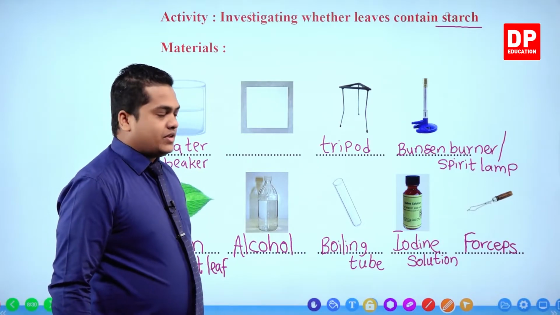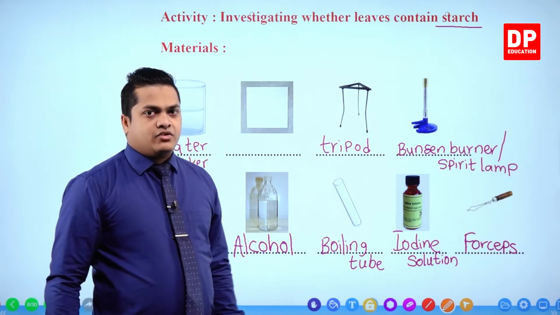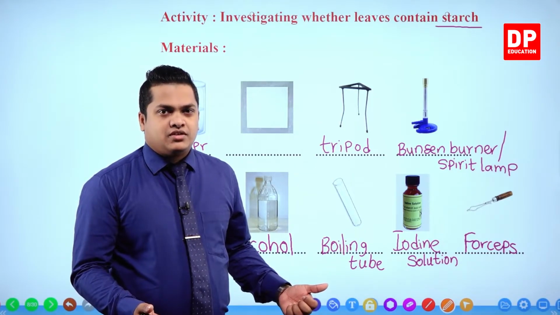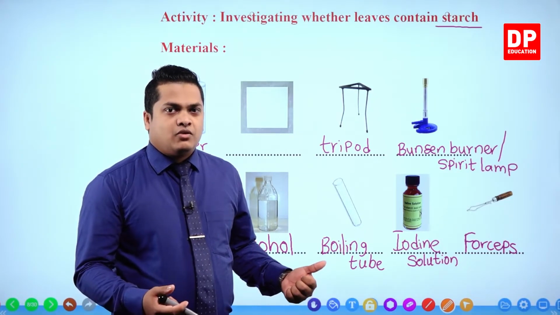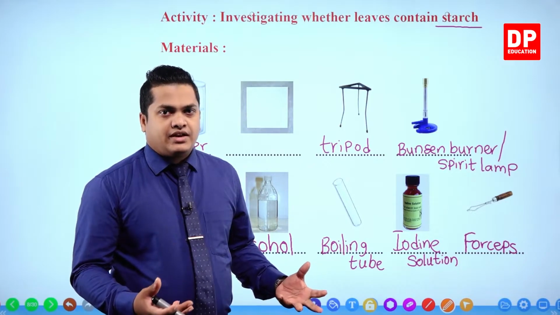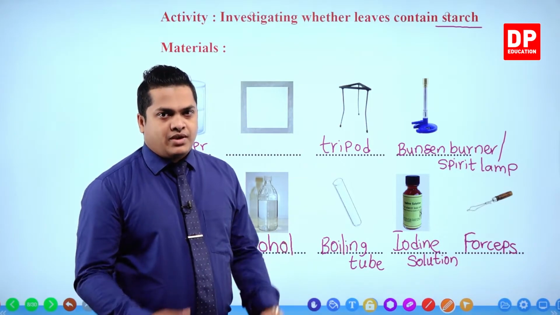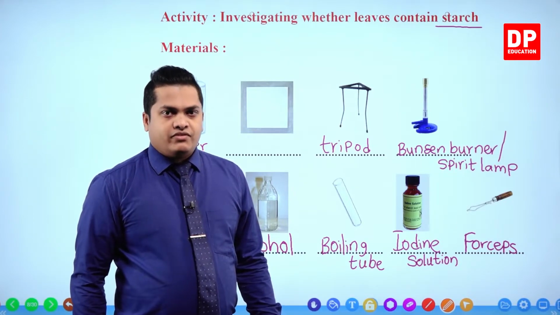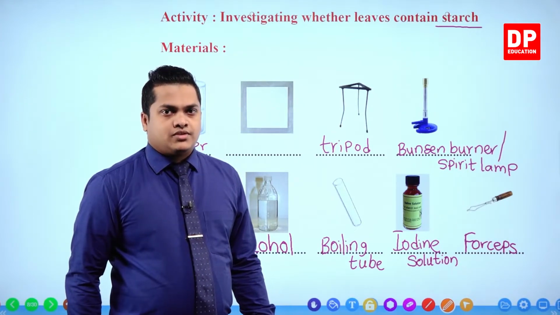Actually, if you can't find one, you can just use a piece of paper, an A4 sheet, right? If you can't find a white color tile, then we can directly take a simple piece of paper and place the leaf on it. Then we can do the test and get clearer observations.